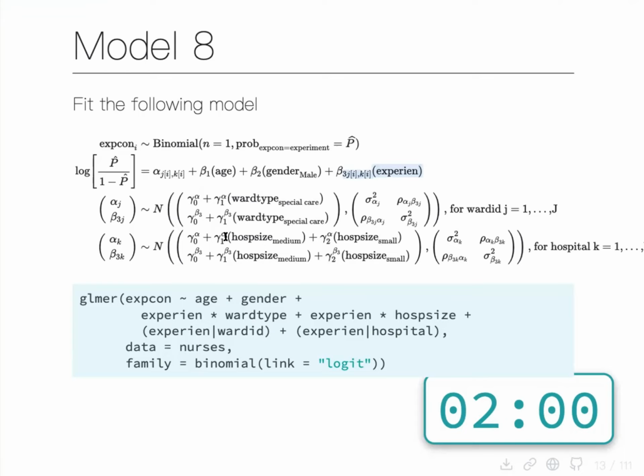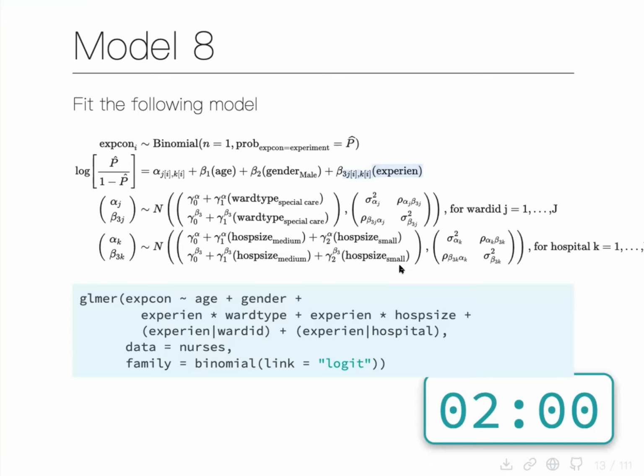And then we're also saying that the probability of being in the experimental control depends on the hospital size. And again, the experience slope is going to depend on hospital size. So maybe in small hospitals, we're expecting very little relation between experience, or it'd probably be the opposite.